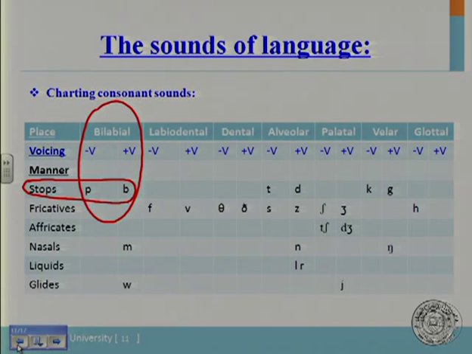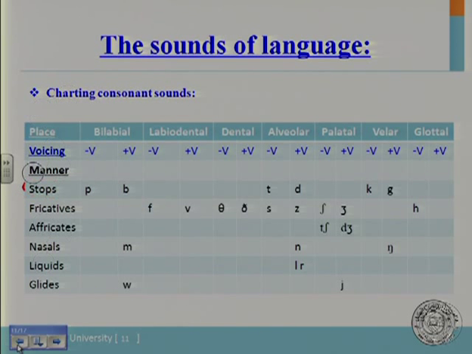The place is bilabial, two lips, and the manner is stops. Why? Because these sounds are produced with the help of two lips, and the airstream is blocked and then released. So, p is voiceless and b is voiced.